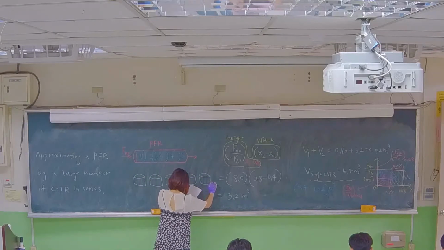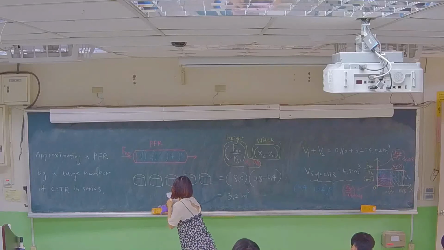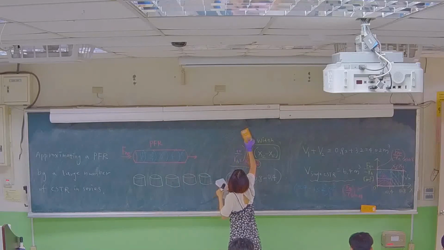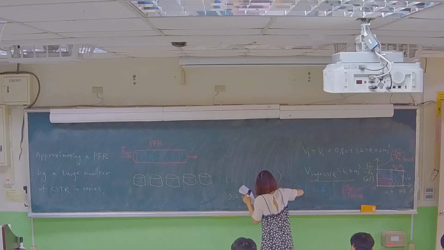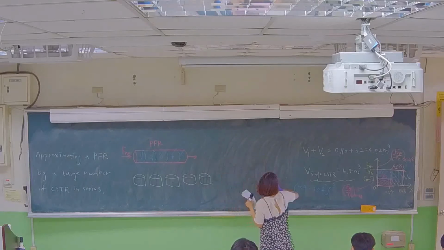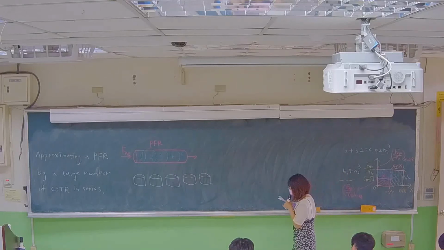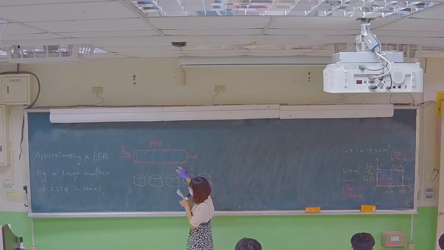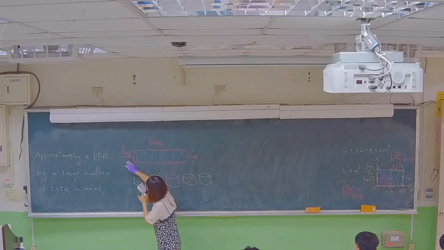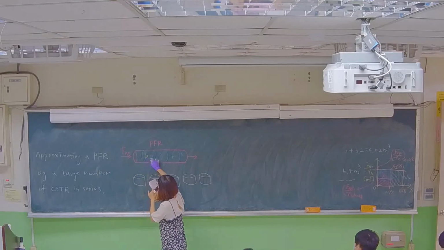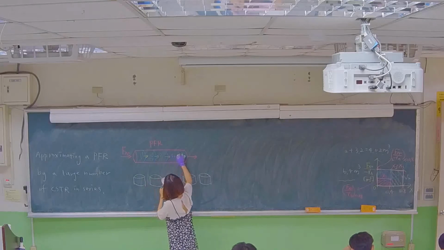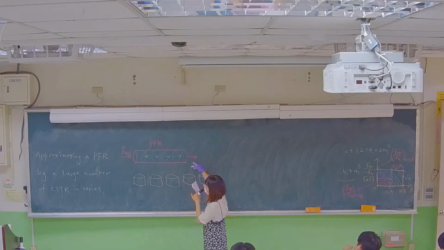Okay, as you know, in the PFR, inflow goes to the first reactor, then goes to the second one, third one, fourth one, and the fifth one, right? Continue.